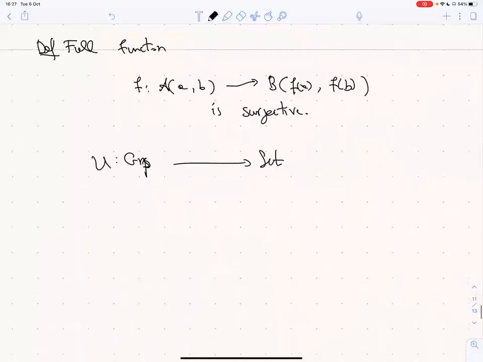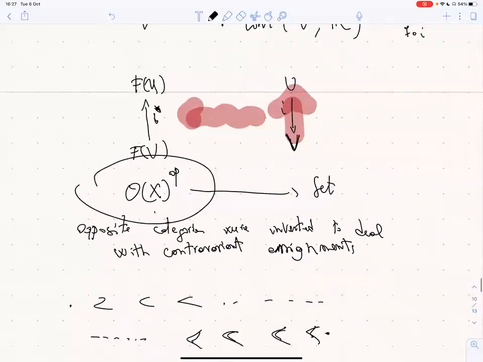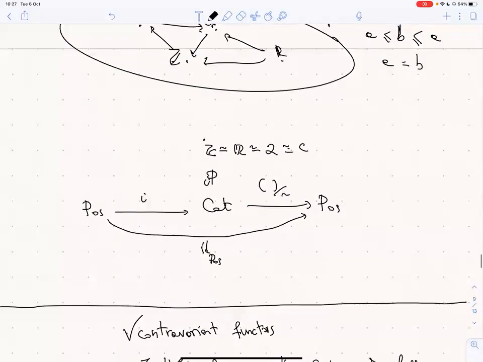But other functors are full. For example, the functor I provided you here, as I mentioned to you, is full because every functor between categories which are of posetal form can be seen as a monotone function between posets.